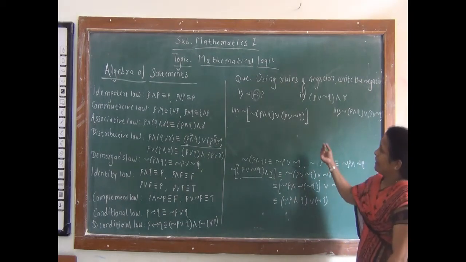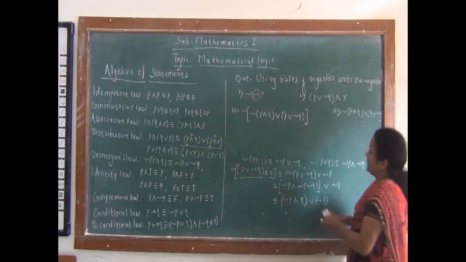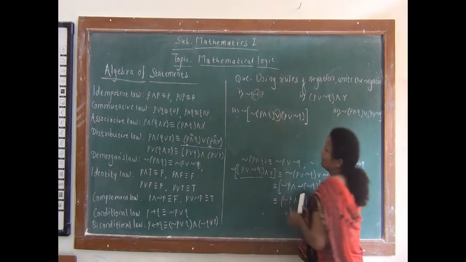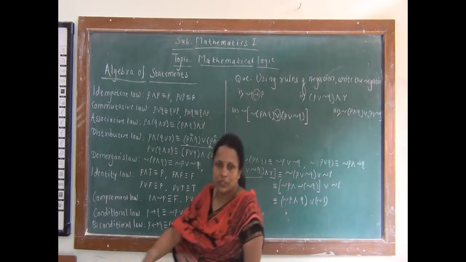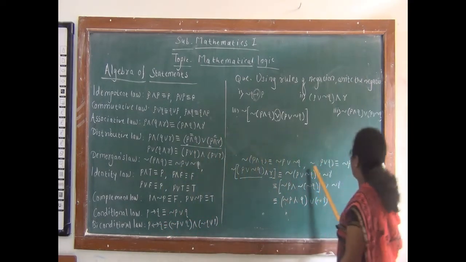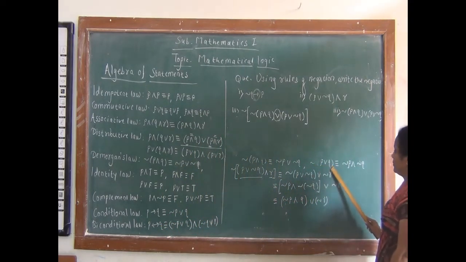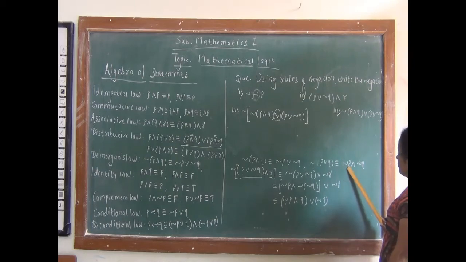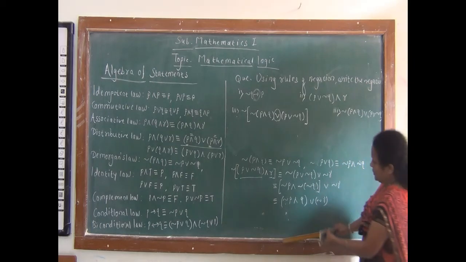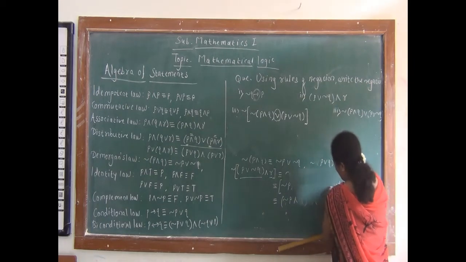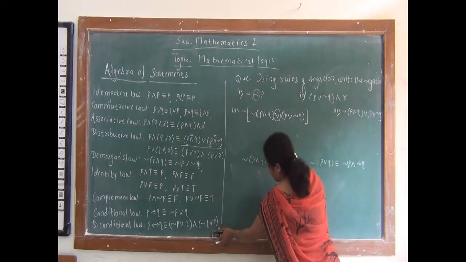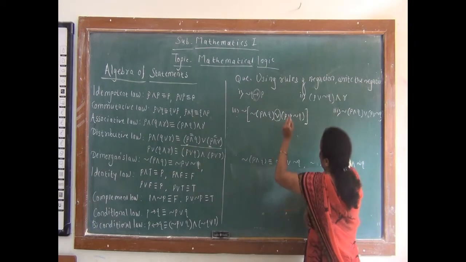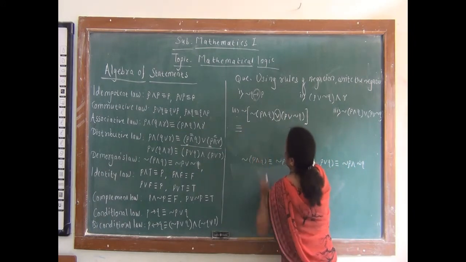First find the main connective. Our main connective is this or, that is, disjunction, and here we use negation of disjunction, that is, we write the formula negation of (P or Q) equivalent to negation P and negation Q. So here we have to use negation of disjunction, and so our simplification is equivalent.